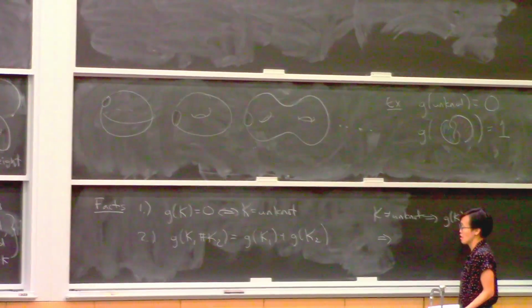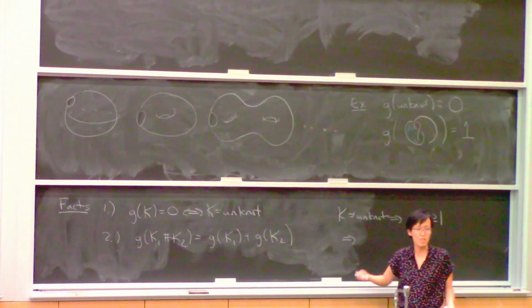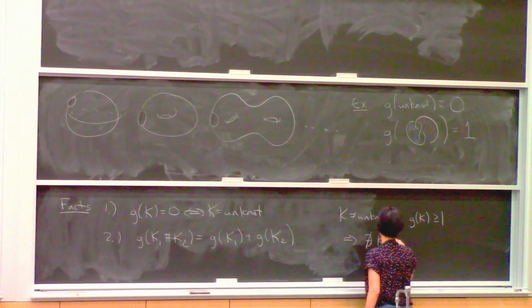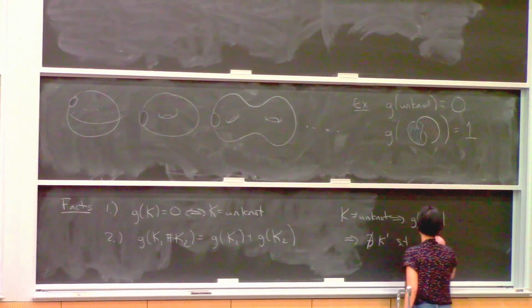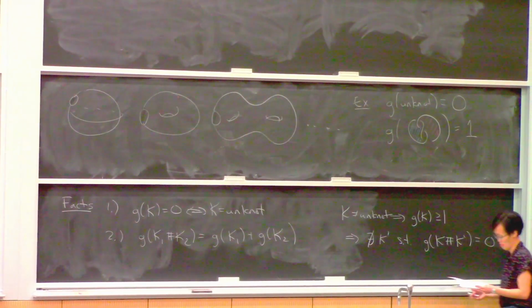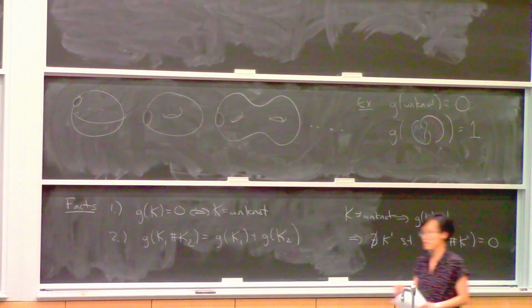So if your genus is at least 1, there's no other knot you can add to it to get a knot with genus 0. So that means that there does not exist a K prime such that the genus of K # K prime is 0. Okay, so we don't have inverses.